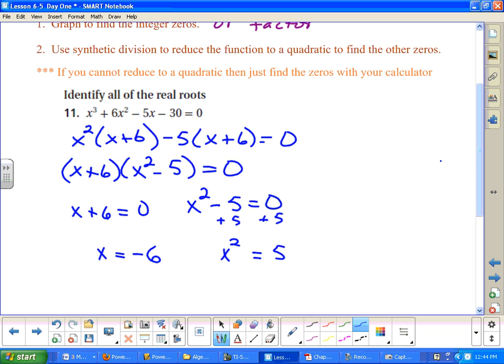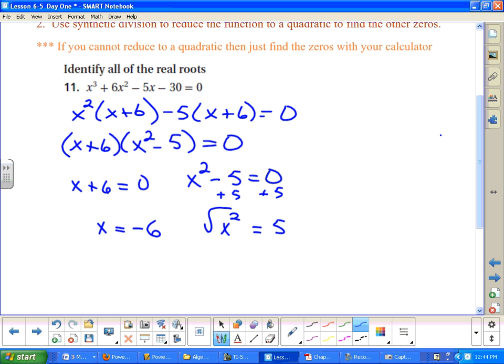And then how do I get rid of the squared sign? Okay, we take the square root. Now here's the big thing: don't forget, when you take the square root, that means you get plus or minus square root of 5. Not just the square root of 5, but plus or minus square root of 5.